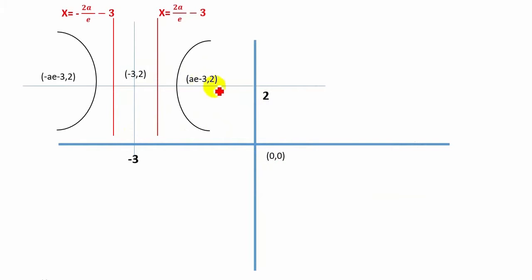So our center is negative 3 and 2, and our axis here, the directrix, it will be 2a over e, negative 3, and here negative 3. So everything moves from that part to that part, so everything it will be negative.